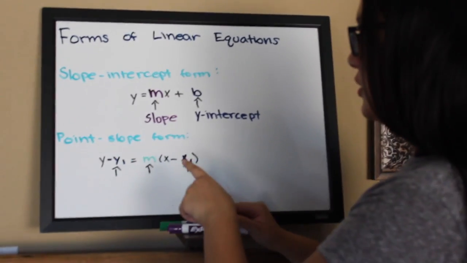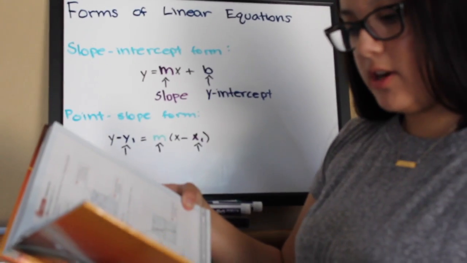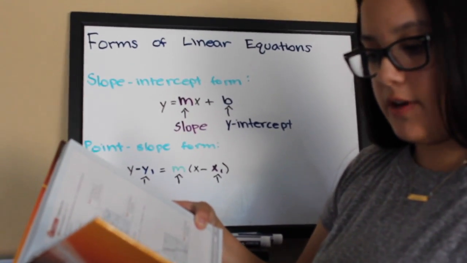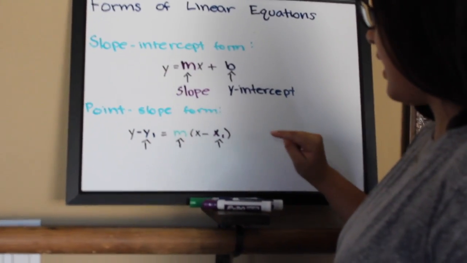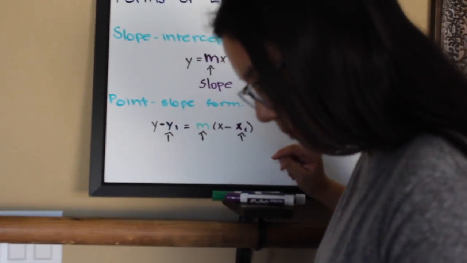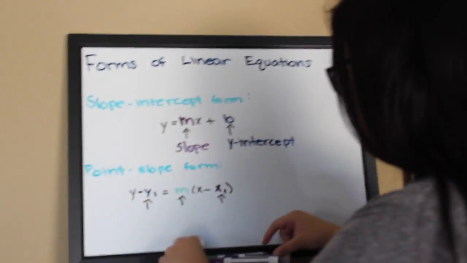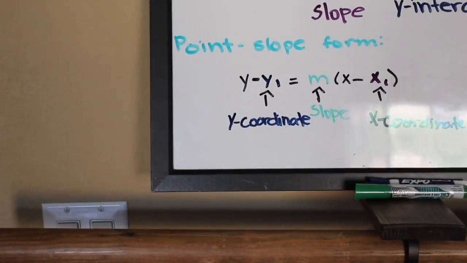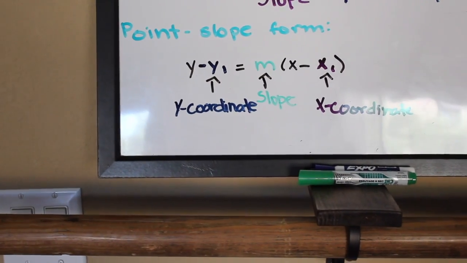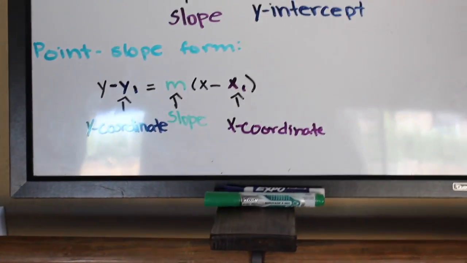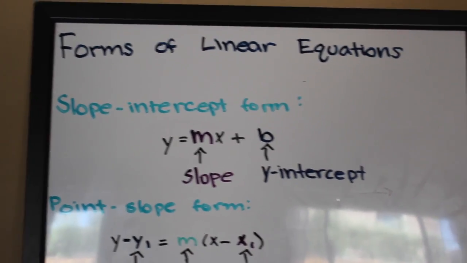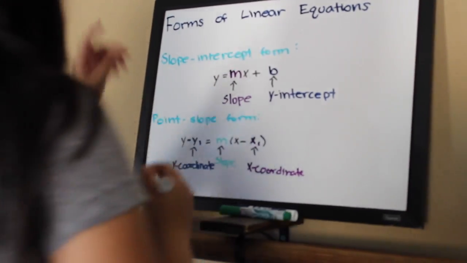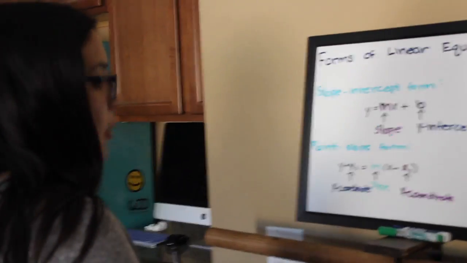The next one is called point-slope form. And the point-slope form of an equation of a non-vertical line is y minus y1 equals m times x minus x1. So the y1 here is the y coordinate, the m is the slope, x1 is the x coordinate. So those are two types of forms of linear equations.